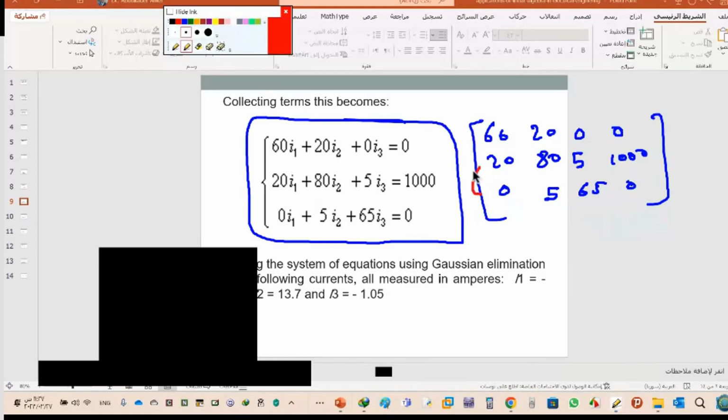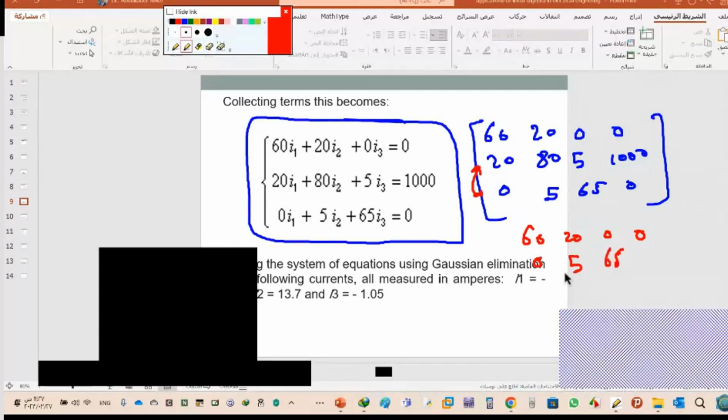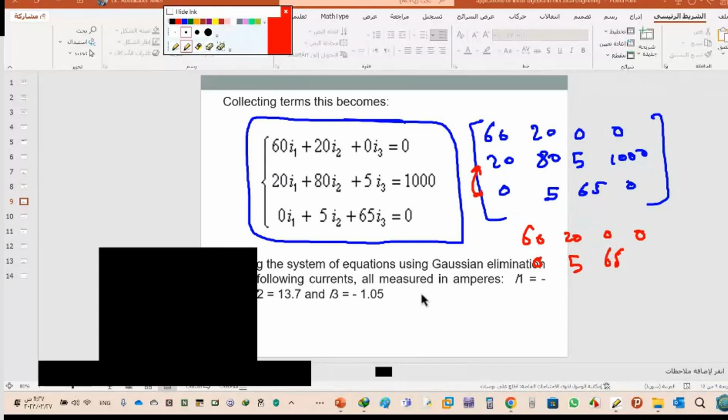For example, you can change this with this to get 0 directly. So we can write 60 20 0 0, then 0 5 65. Which one? 20 will be 0. We can change the column 65, 0. Then here we have 20 80 5000. So now we have this. Now we have to change this and change this. Then you can get the value for this one.